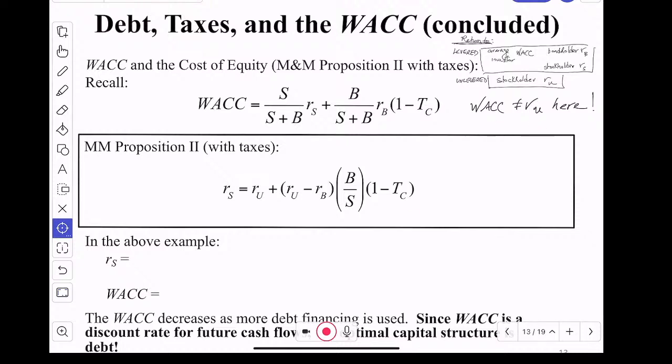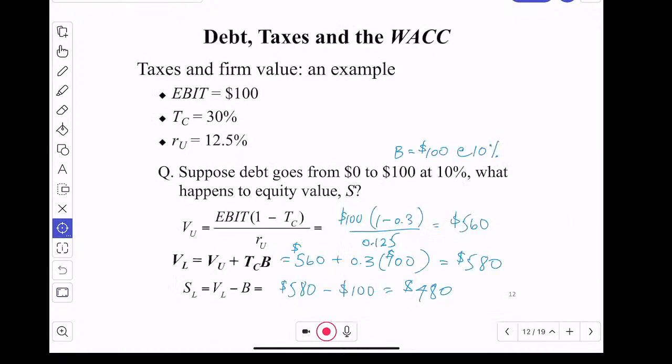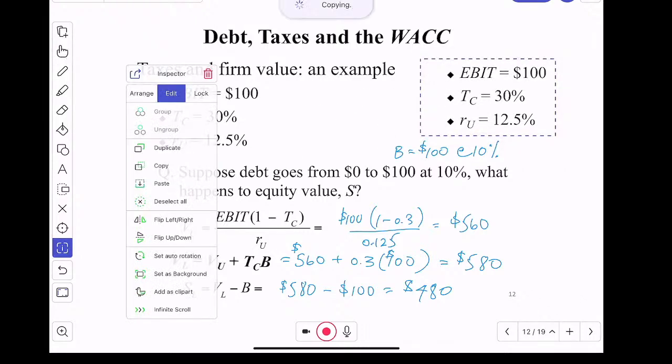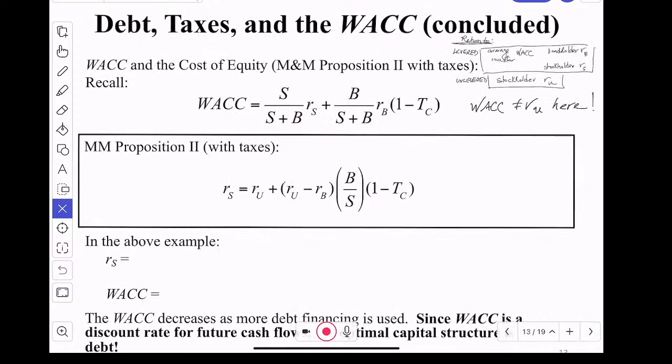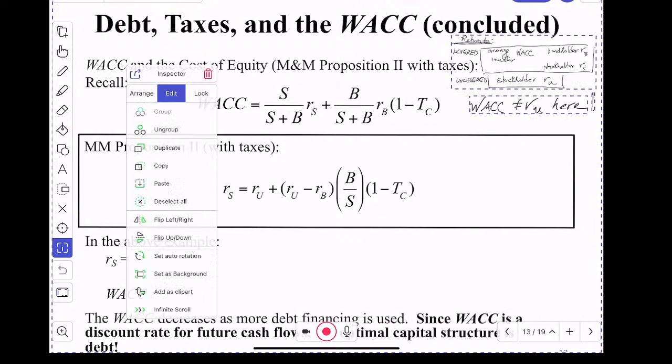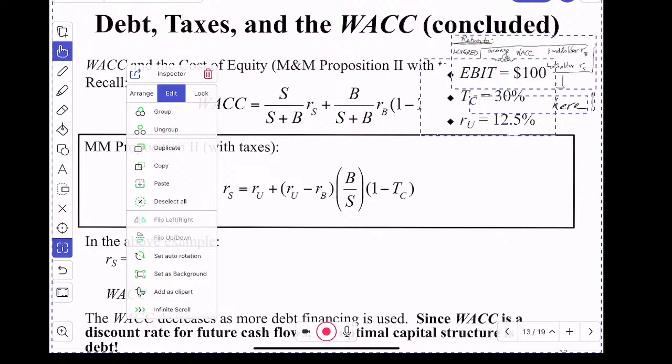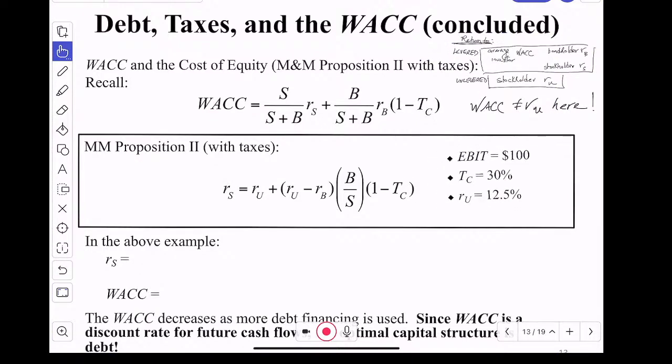It's a result from the last algebraic manipulation to get RS, and I just added in this term for taxes. Let's use these details to get this RS.